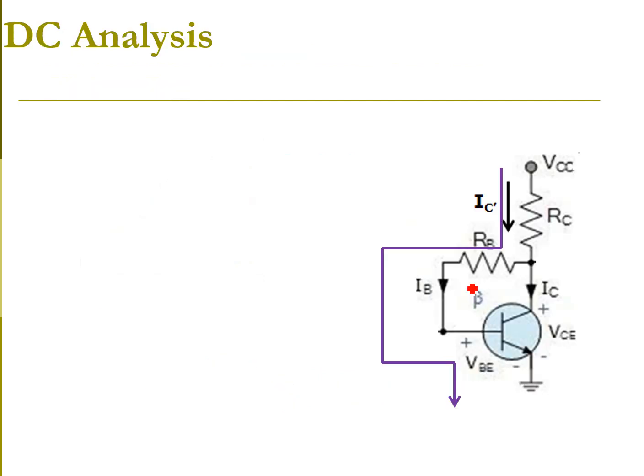To find out the Q point, we should first find out the value of IB, the equation for IB. So, for the equation of IB, we apply KVL to the input loop. This purple line which you see is the input loop.